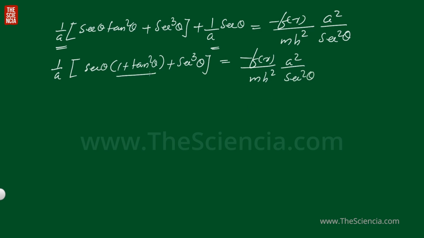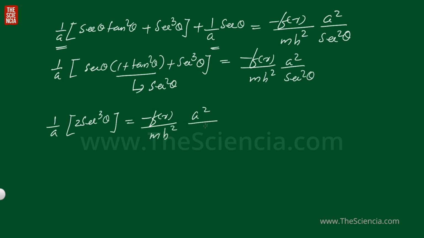Here we know 1 plus tan square theta is nothing but sec square theta. So we get 1 by a into sec cube theta, that is 2 sec cube theta, equal to minus f of r by m h square a square by sec square theta.